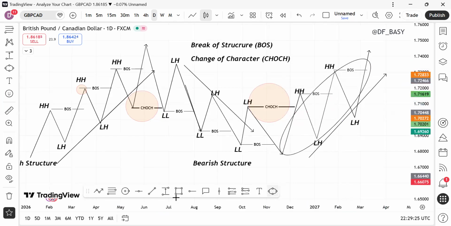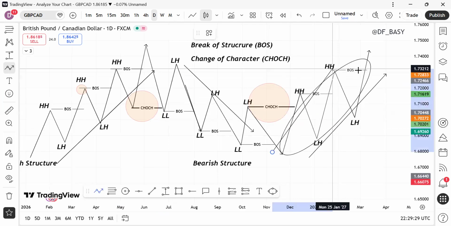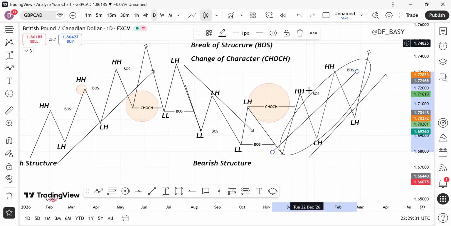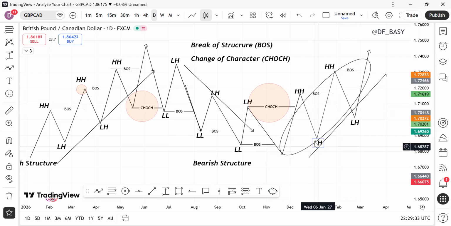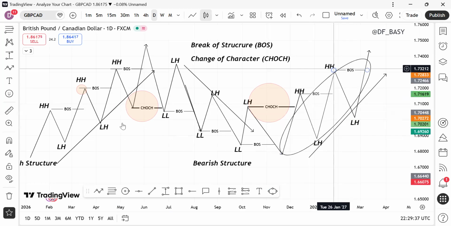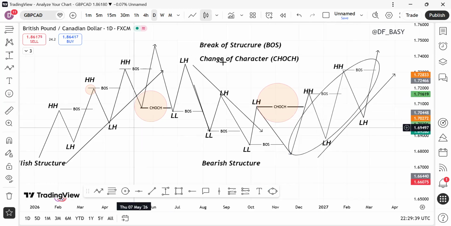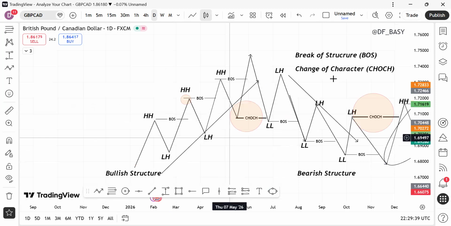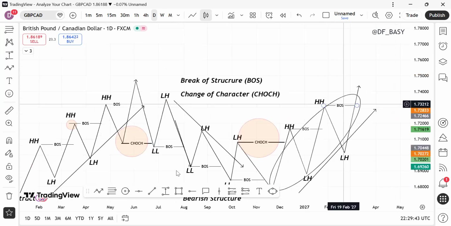It started creating break of structure to the upside, creating higher highs and higher lows, lower highs, higher highs, lower highs, right? Hope you guys have understood this basic concept.